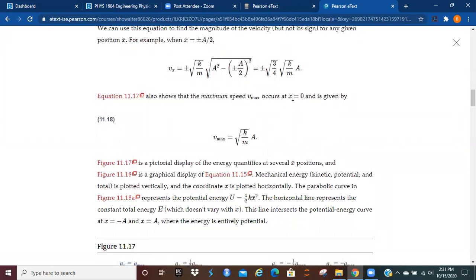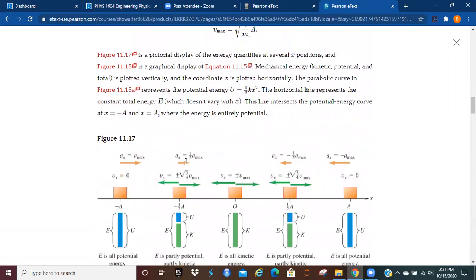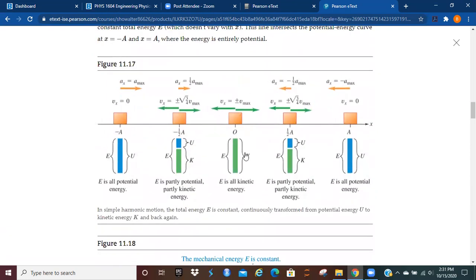If you set x equal to 0, then you find that your maximum velocity is the square root of k over m times A. And you can see this is a description of what's going on. When x is equal to 0, in other words, at the equilibrium point, all the energy is kinetic. As you move to either side, it starts to change into potential because you're either compressing or stretching the spring.